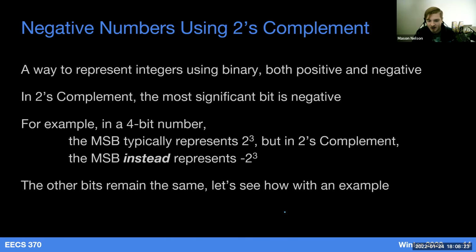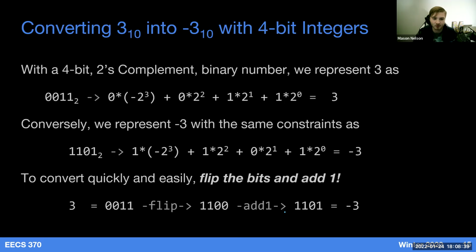And so we're only going to have one negative power of 2, and that will be the leftmost or most significant bit. And it's going to have the strongest place value in terms of absolute value, but it will be negative. So let's see how that might work.